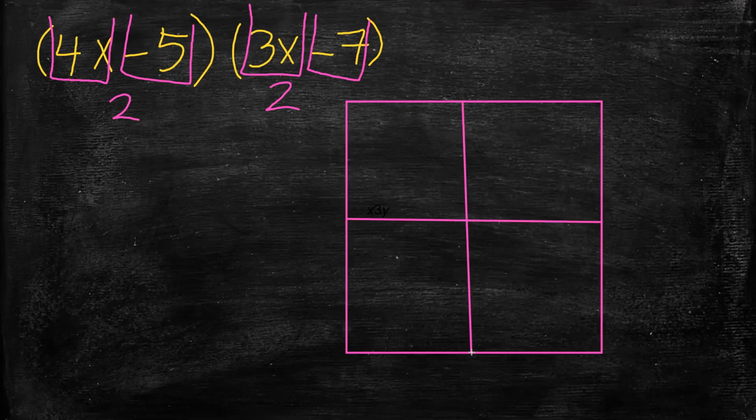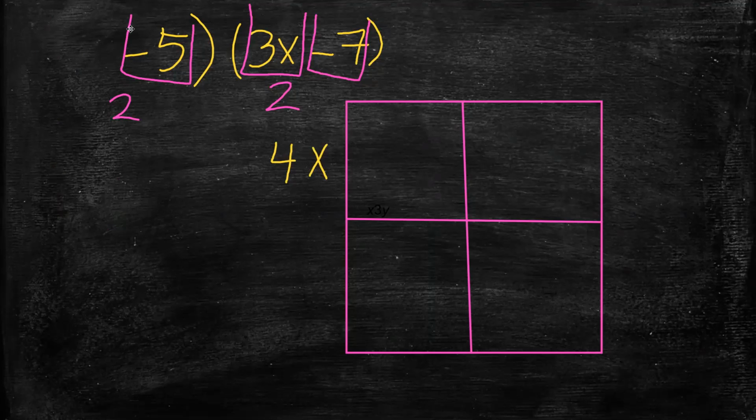Then, for the first term here, we have 4x, so let's put it here. And the second one, we have a negative 5, so let's put it here.